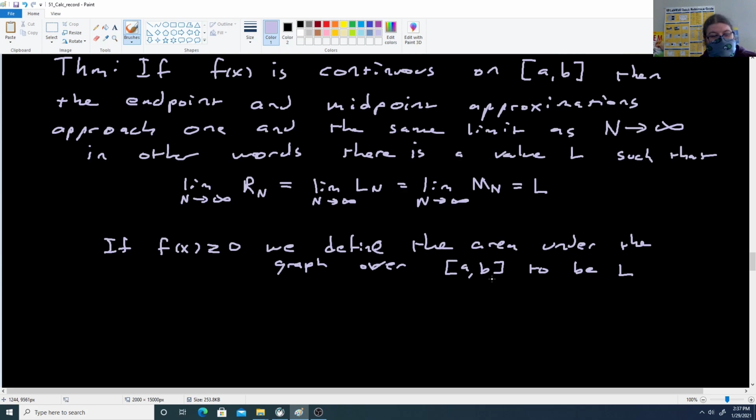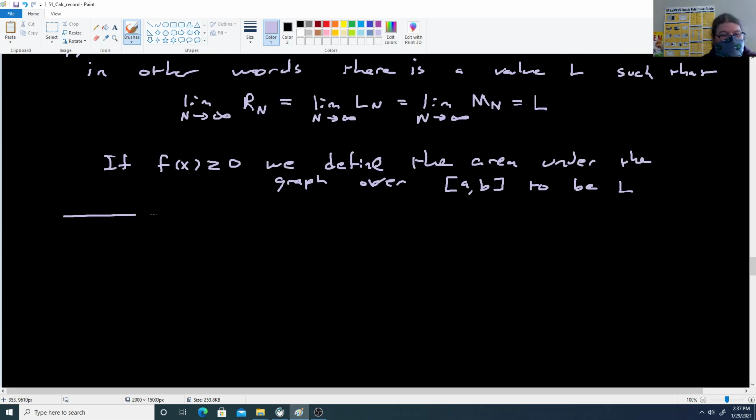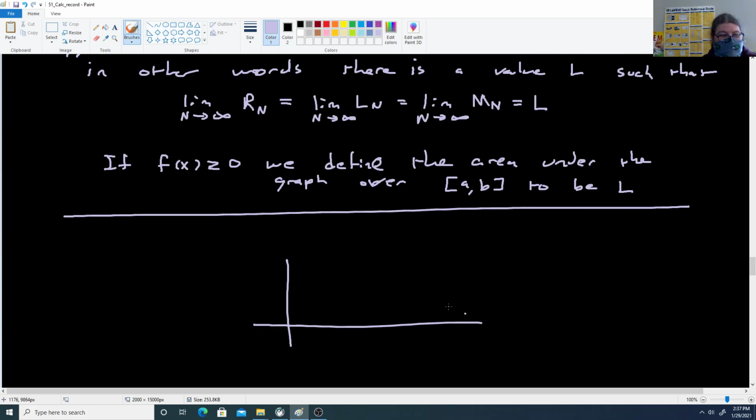So as long as the function I'm dealing with stays above the x-axis on the interval the whole time, if I use more and more bars, so I let the number of bars I'm using approach infinity, the area from calculating and adding all these bars together will converge to the true area under the curve over that interval.